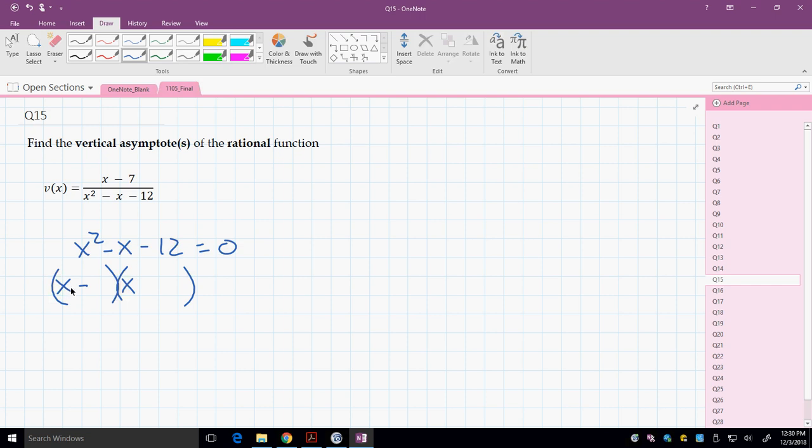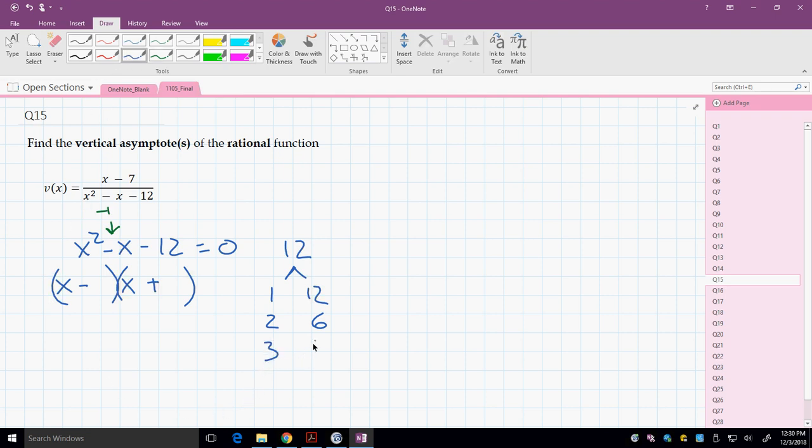To figure out the second one, you multiply negatives and negatives, give me positive, and we're going to look for the factors of 12. So 1 times 12, 2 times 6, the signs are different, so we know that we need to subtract to find to match the middle term, which is a -1.